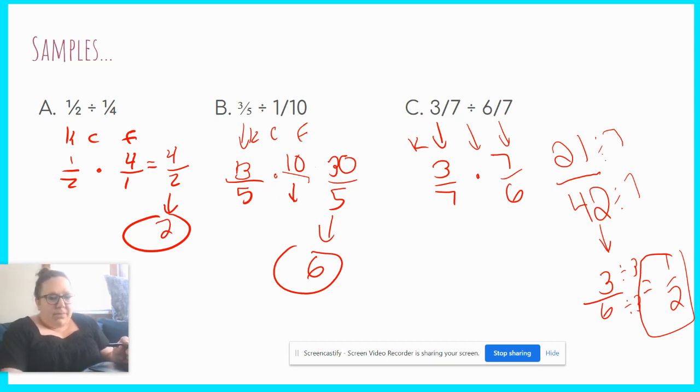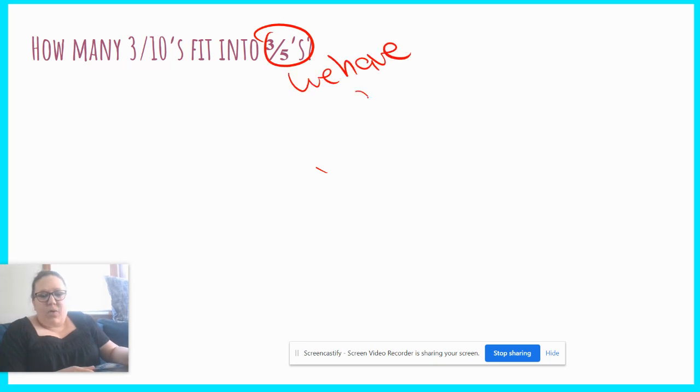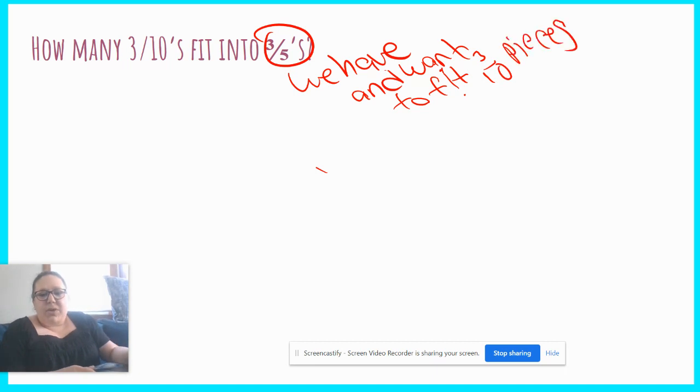All right, let's keep going. How many 3/10 fit into 3/5? So that means that we have 3/5 and want to fit 3/10 pieces. So 3/5 is what we're starting with here, even though it's technically second in the problem, that's what we have in front of us.